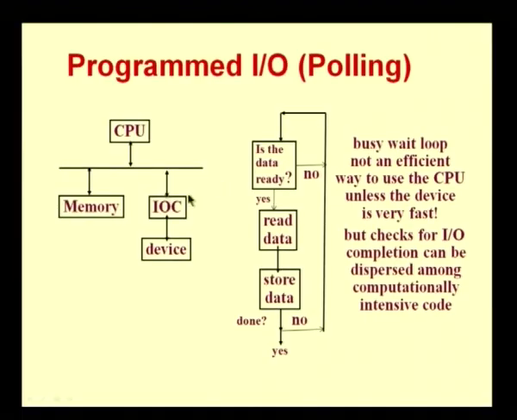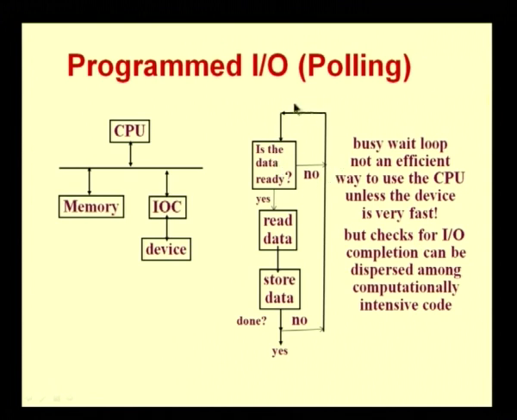So, for instance, this is how polling will take place. You have the CPU, memory, the IO controller where the control signal or the status register will be present, and then you have this device. What is going to happen? The processor is going to be always in a busy wait loop, checking: is the data ready? If yes, then it can go and read the data. If no, it will go back and check again whether the data is ready.